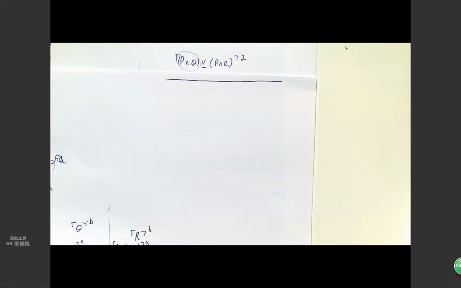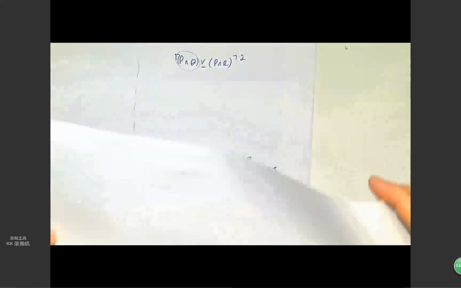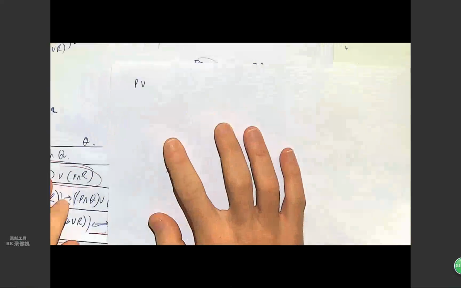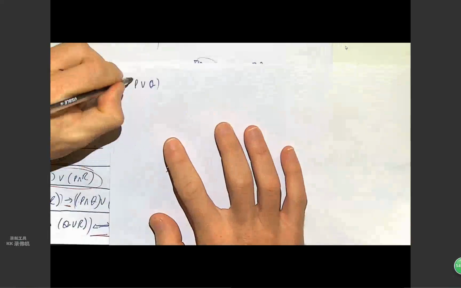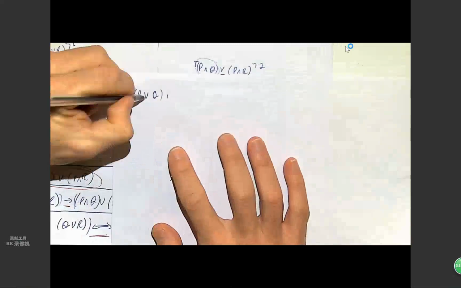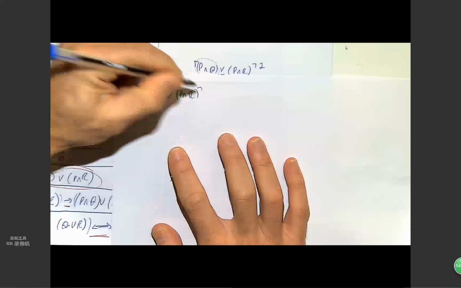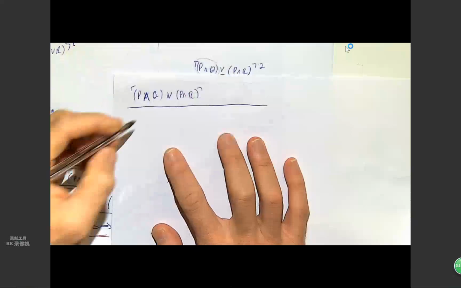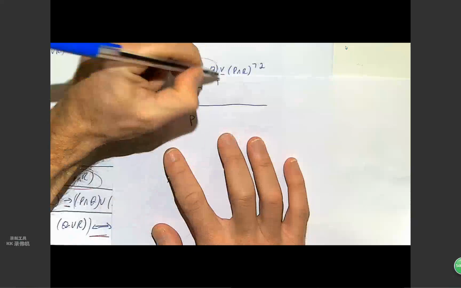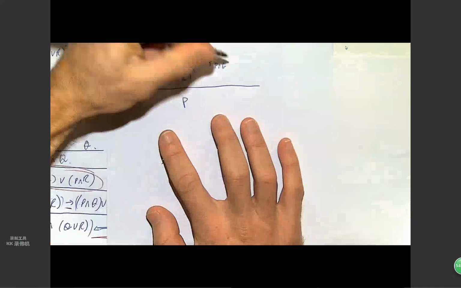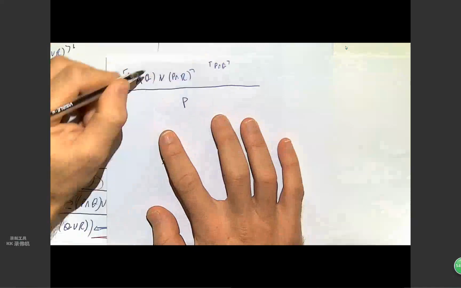So if I choose the C to be P, okay? So if I choose the C to be P, I end up with, I'm running out of space in this, aren't I? So I will have P and Q, or P and R. And I chose for my C to be P. That means I have P and Q, because it's this one, yeah?